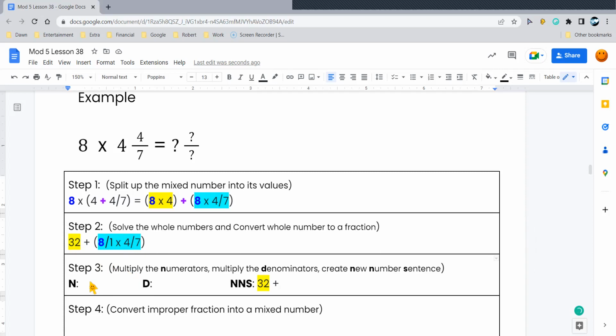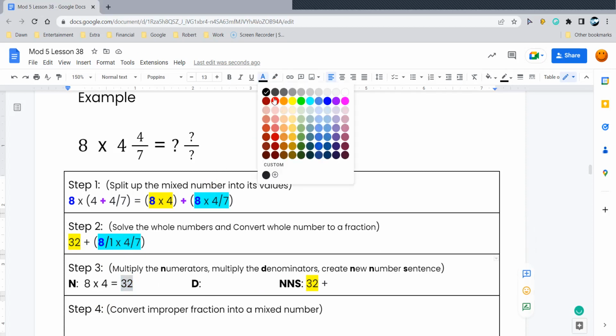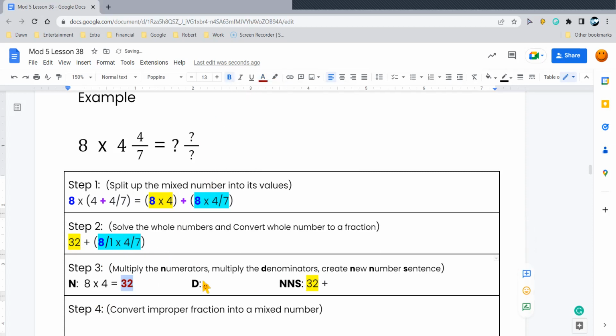So I'll do 8 times 4 because my numerator's on the left right now, and I know that's 32. Now I'm going to turn this into a color so you can see where it's going. The denominator is 1 times 7, or 7 times 1, which equals 7.